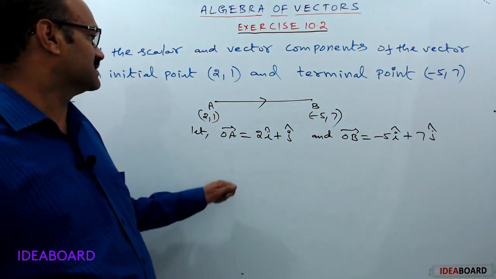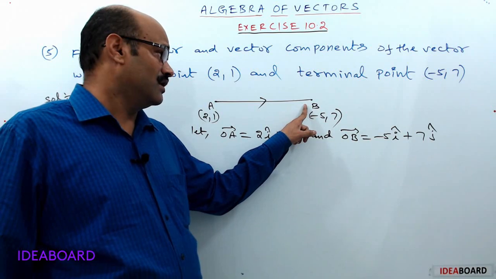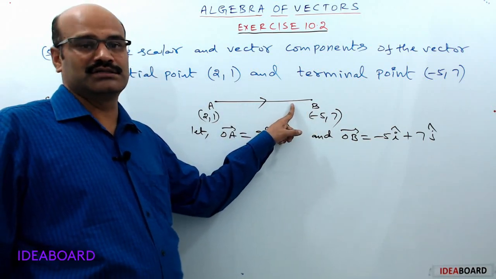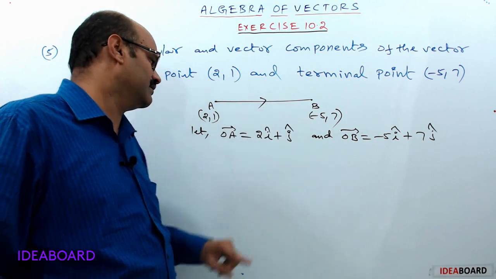Now here we have to find the scalar and vector components of AB vector. So how to find AB vector here?